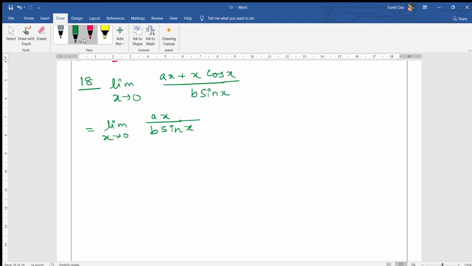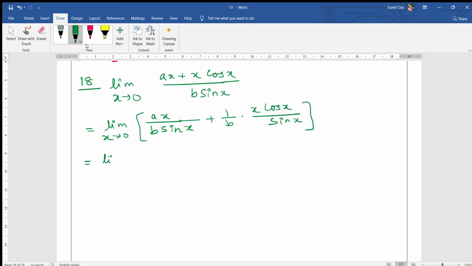What we will do is take this x to the denominator of sin x, so that limit x tends to 0 will be 1. Understood? Similarly, plus, first break, it will be x by b, right, like this: 1 by b into x cos x by sin x. Okay, I hope no problem.